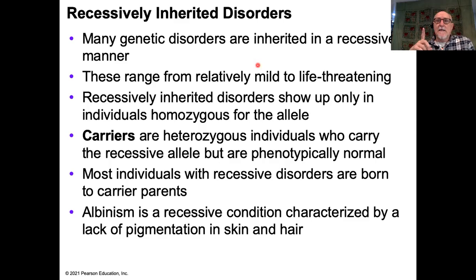The classic inheritance is, as I've said, that these recessively inherited disorders show up in individuals who are homozygous for the allele. Those who carry the gene in the heterozygous genotype are called carriers. They're phenotypically normal, and that is a problem.